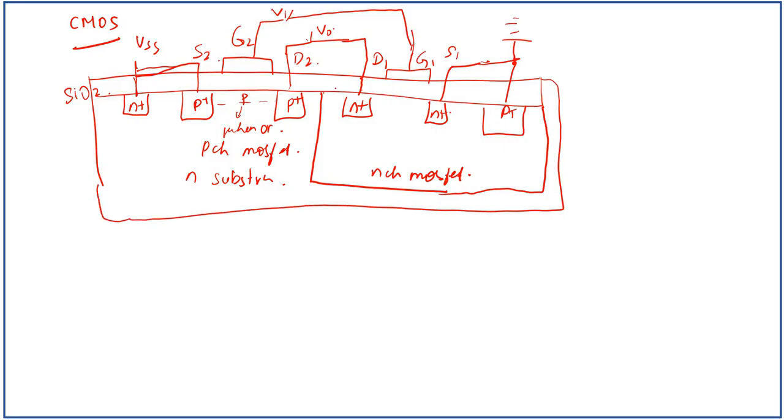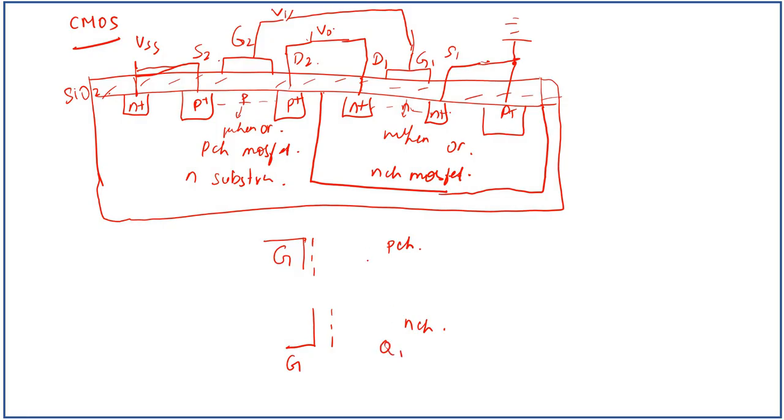So this is the CMOS, complementary MOSFET structure. This is the SiO2 layer. This diagram is equivalent to a MOSFET like this, where we have the gate connection, and this MOSFET here, gate connection is here. This is the N channel MOSFET and this is the P channel MOSFET.